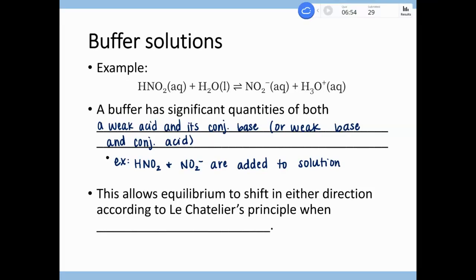But this allows equilibrium to shift in either direction according to Le Chatelier's principle when acid or base is added. Let's say other acid or base added, not the acid or base in the buffer solution.